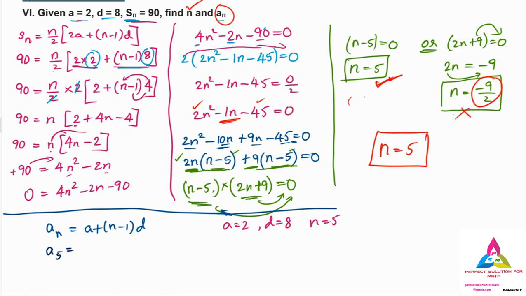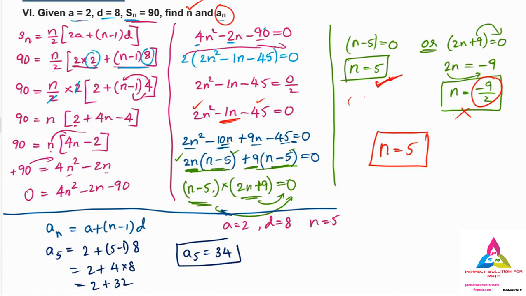So a value is 2, plus 5 minus 1 into the d value, which is 8. So 2 plus 5 minus 1 is 4, into 8. That is nothing but 2 plus 4 8s are 32. So a5 is nothing but 34.